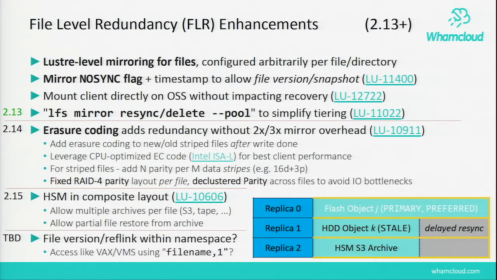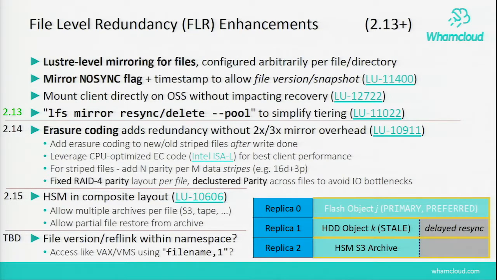Other improvements integrate HSM into the Lustre layout, so that instead of having HSM as a separate type of redundancy on a file, you can have it built into the Lustre layout. Right now we can only have one copy of a file in HSM.